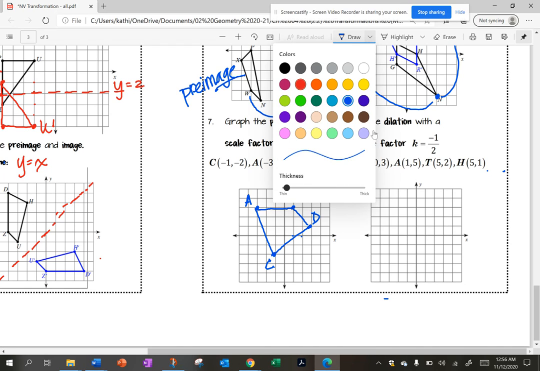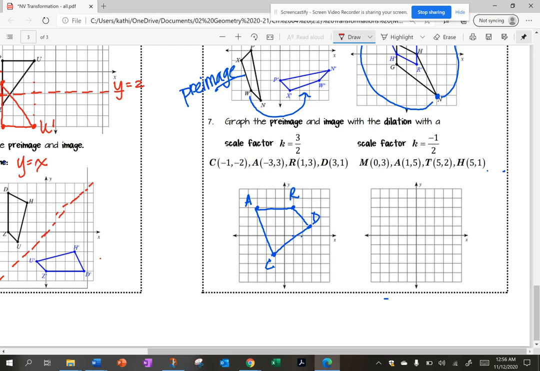Okay, so now I'm going to take my scale factor and multiply 3/2 times each number. So 3/2 times negative 1 is negative 3/2, which is negative 1.5. 3/2 times negative 2 is negative 3.